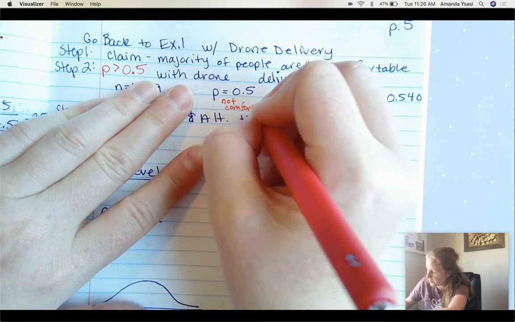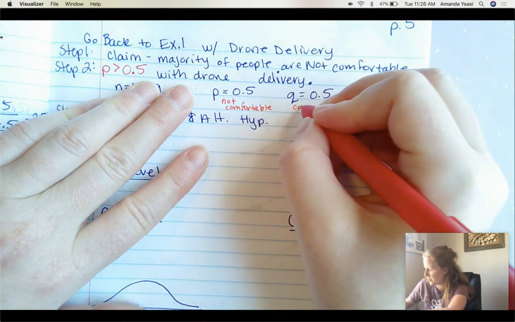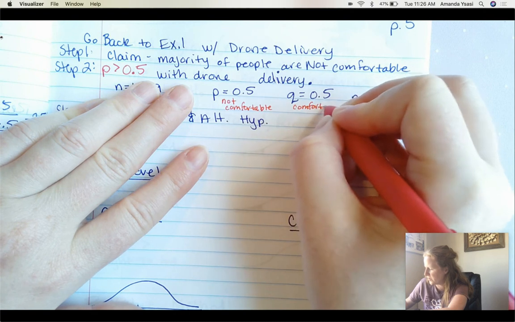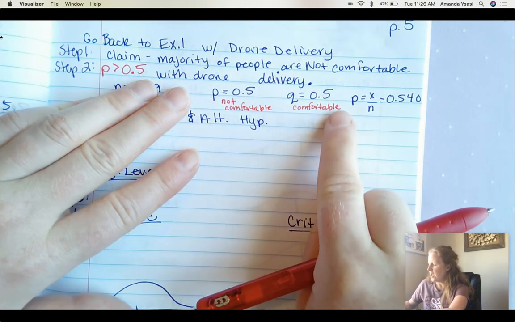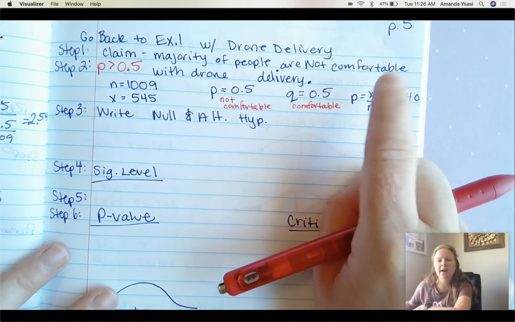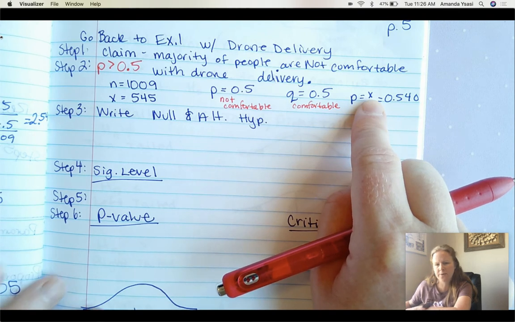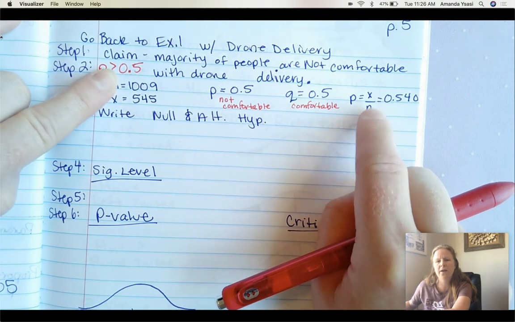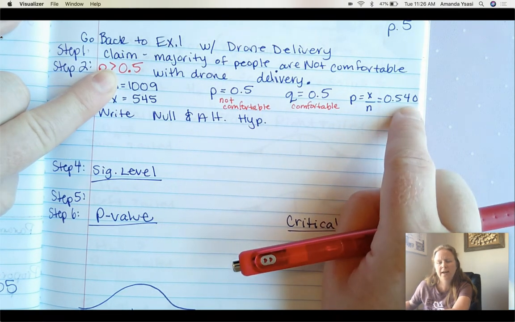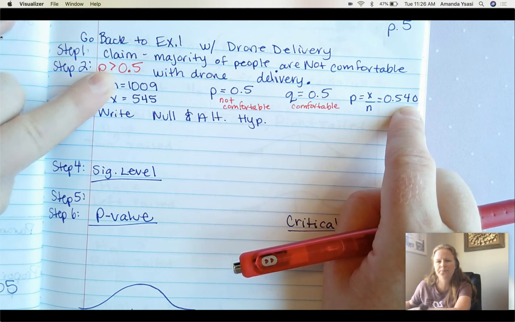You're either not comfortable or you are comfortable with drone delivery. Those are the only 2 outcomes. And then p hat is how many we got that were not comfortable. That was the 545 out of the 1,009, which they gave to us as 54%.